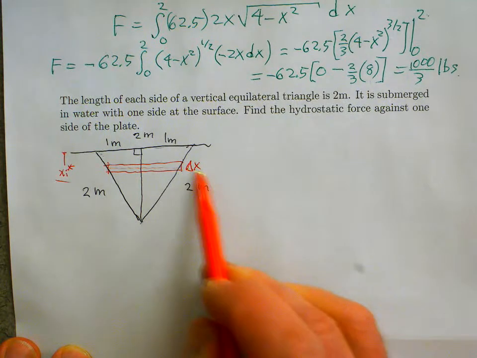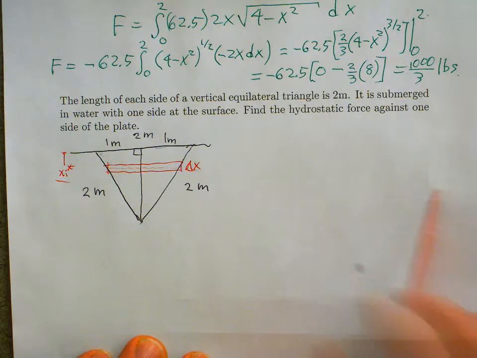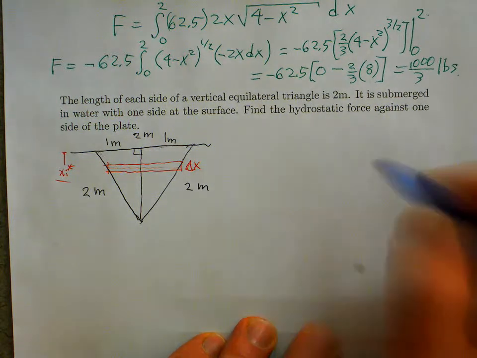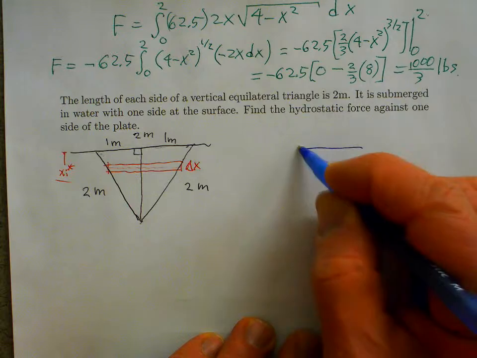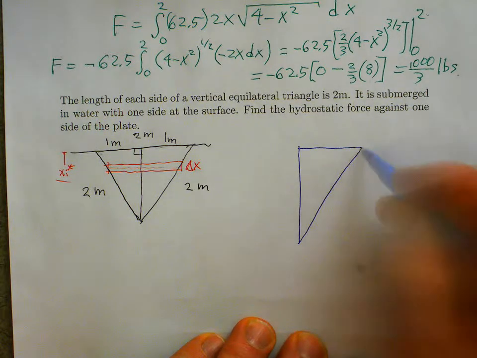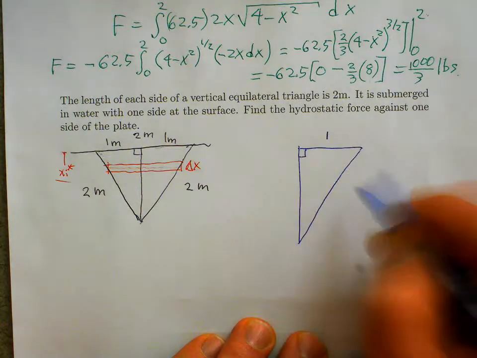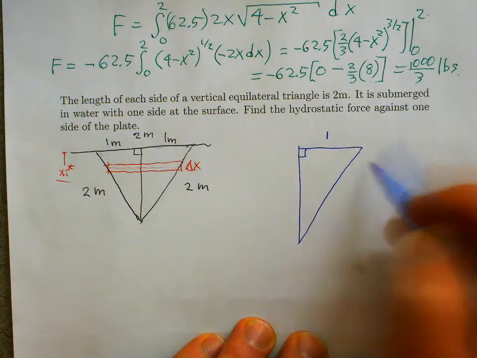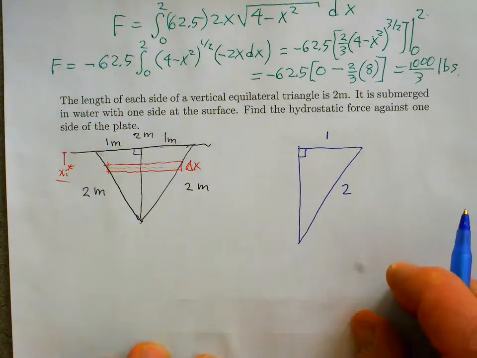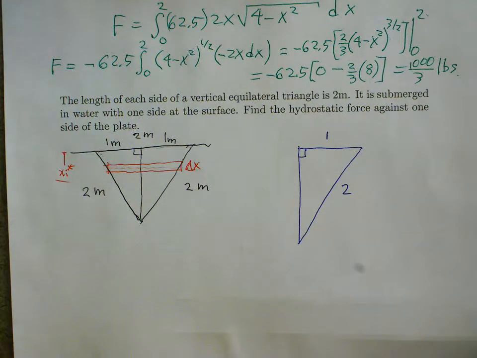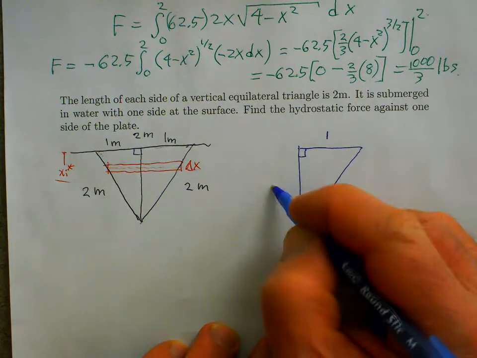The width is delta x. Okay, so we know that this side is 1 of the big triangle. This side is 2. And what's the length of the vertical side? Square root of 3, right? Is that what you get? Square root of 3.